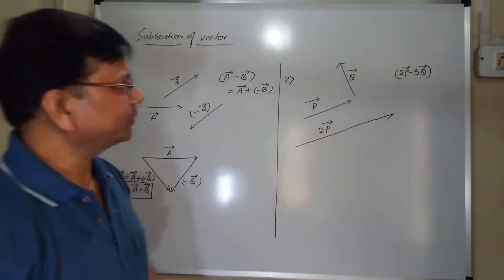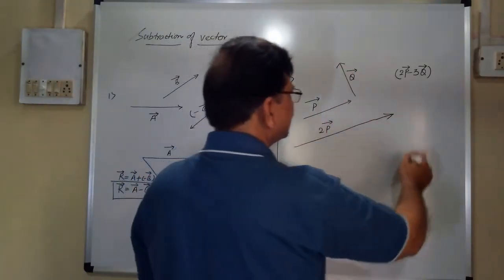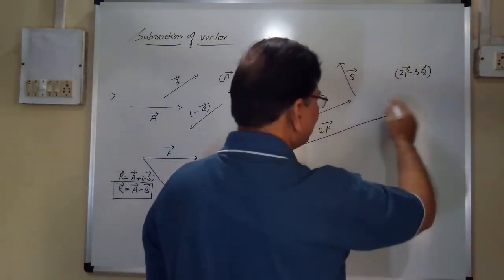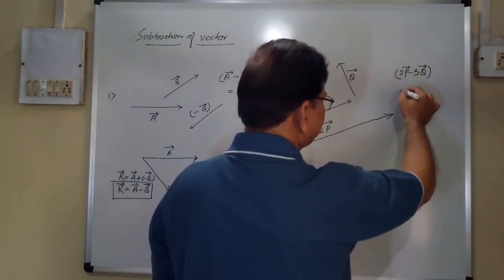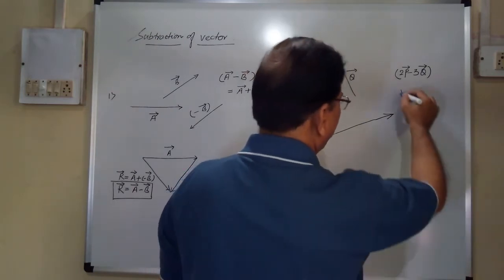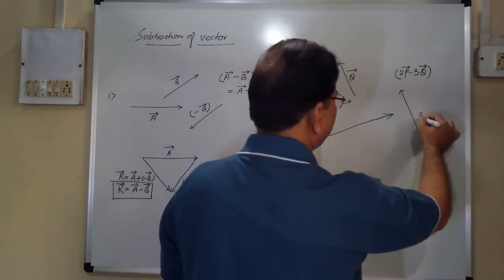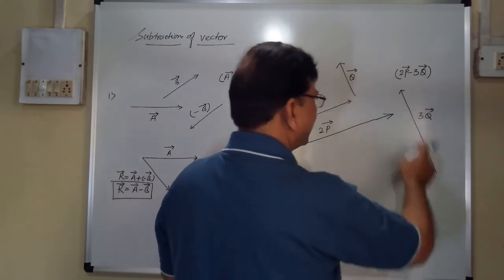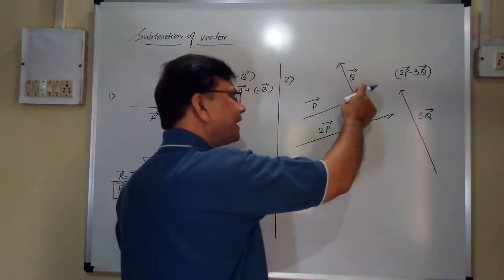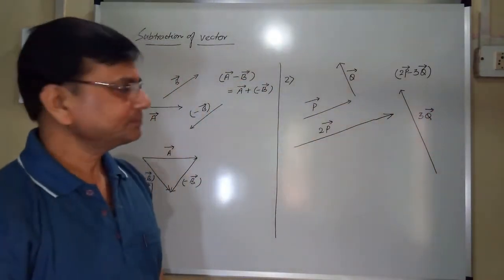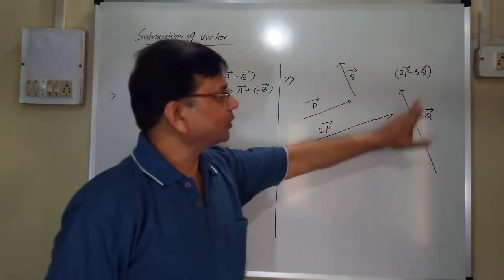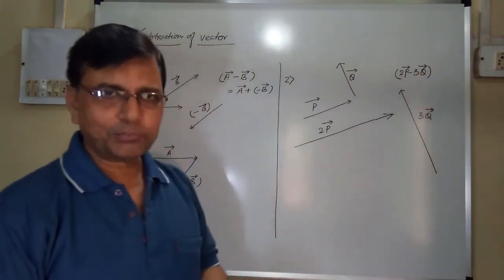Then we want 3Q. Q is this. So we will draw another vector parallel to this and direction will remain the same. This will become 3Q. Length of this is 3 times that of this. Now these two vectors are known, 2P and 3Q. Now we have to subtract.